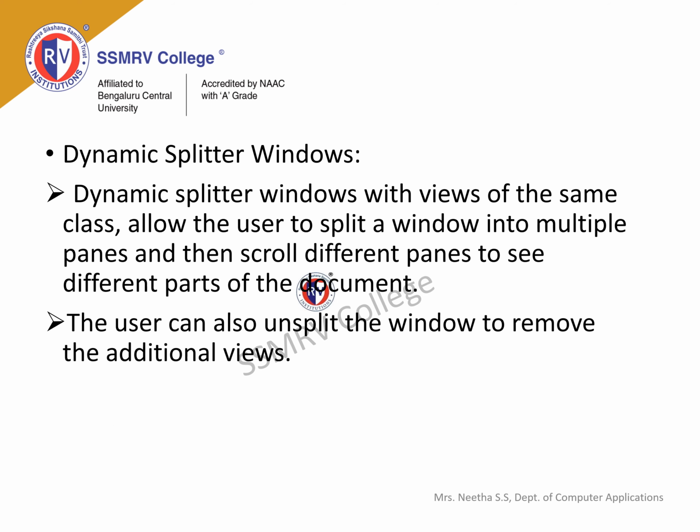As I mentioned, dynamic splitter windows are with views of the same class. They allow the user to split a window into multiple panes and then scroll different panes to see different parts of the document. The user can also unsplit the window to remove the additional views.